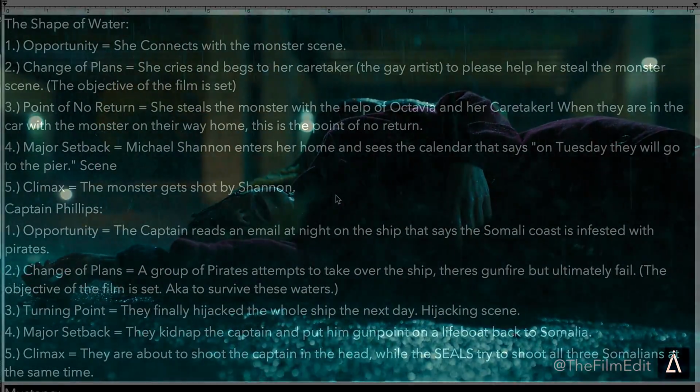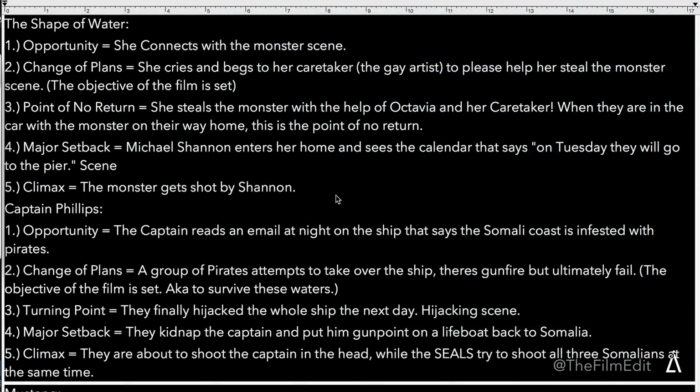So that is the whole shootout scene. There's so much emotion in there, and so you guys understand what the climax is.